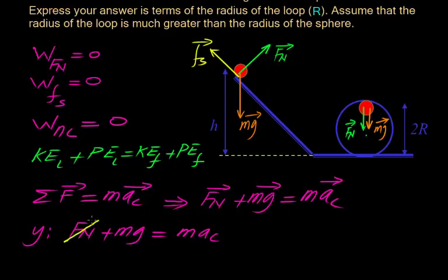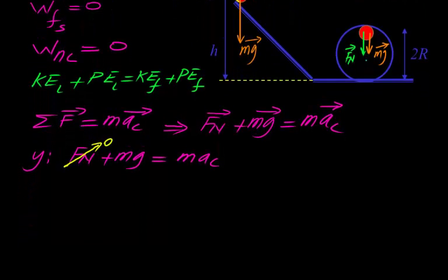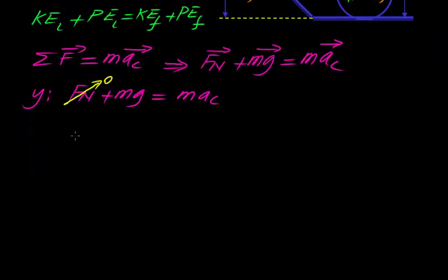The normal force at the top of the loop equals 0 because the ball at that moment is about to lose contact with the surface. This is due to the fact that the ball is released from the minimum height that allows it to go around the loop. Detailing the equation a little more, we obtain mg equals m v squared over R, which is the radius of the loop.